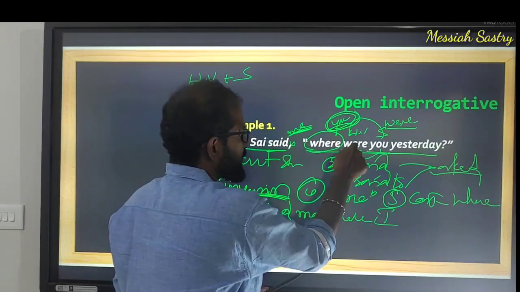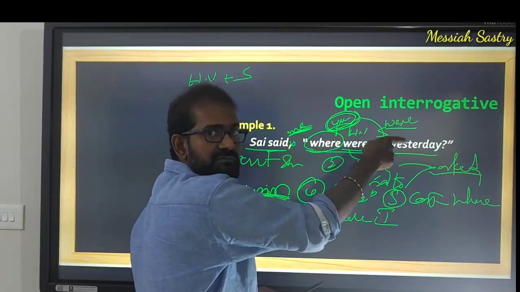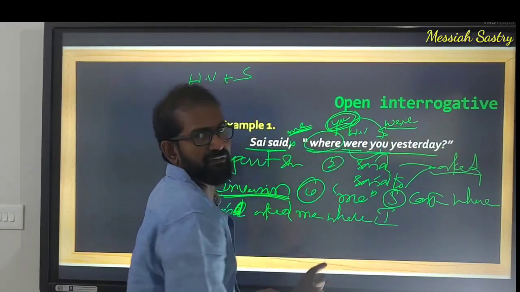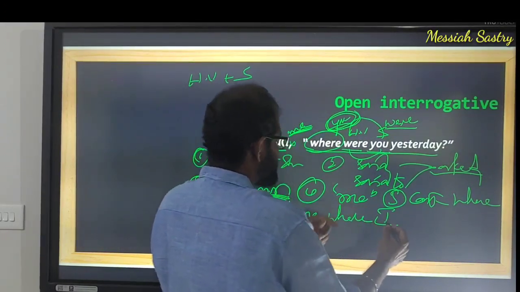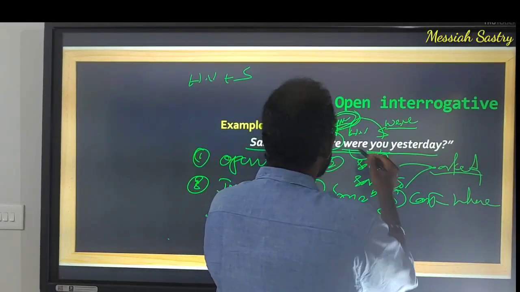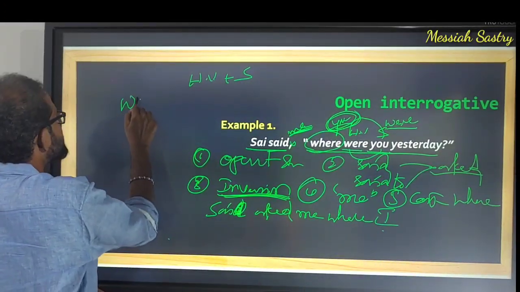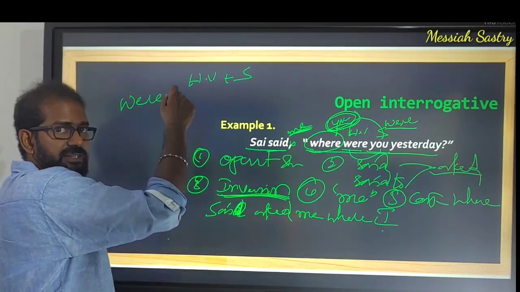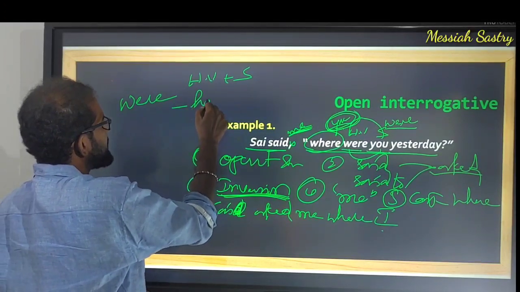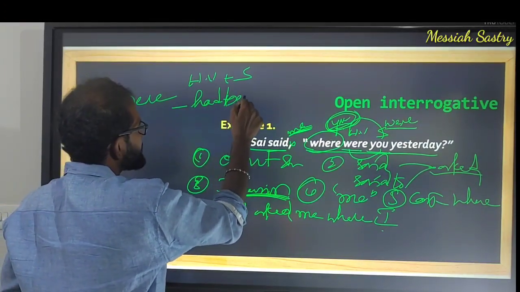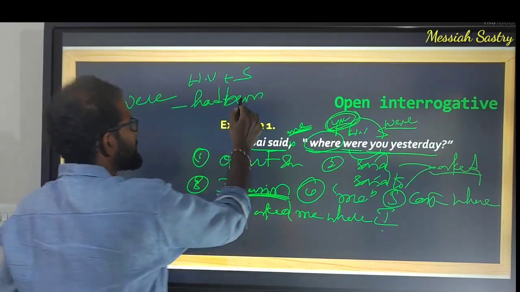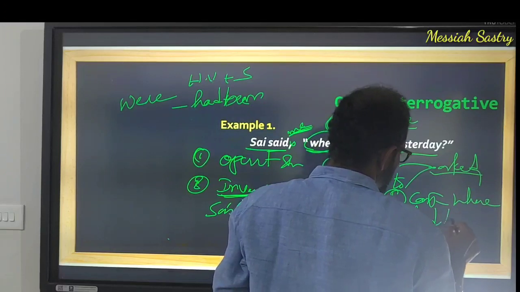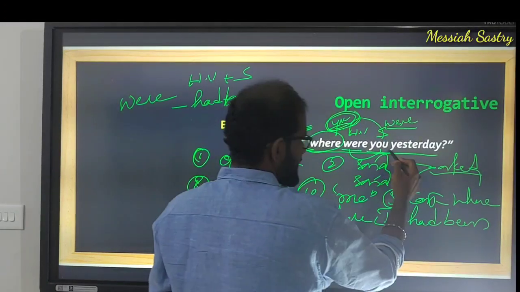I'm not writing were here in the beginning because of inversion. Keeping that in mind, inversion means subject comes first and then helping verb. Where I, then the verb changes. Change of tense forms. What does were change to? Had plus be. Had been. Where I had been yesterday.